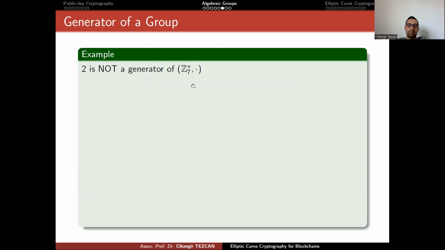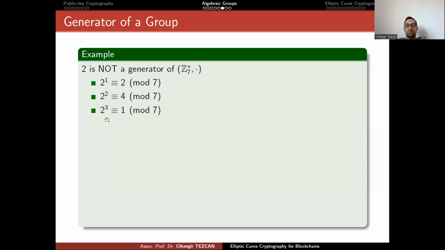So let's look at an example. Let's consider the group Z7 star with multiplication. We are saying that 2 is not a generator of this group. Let's look at it. First power of 2 is 2. Second power of 2 is 4. Third power of 2 is 1 modulo 7. So if you continue this way, since you reach the identity element, the rest will not give you anything new.